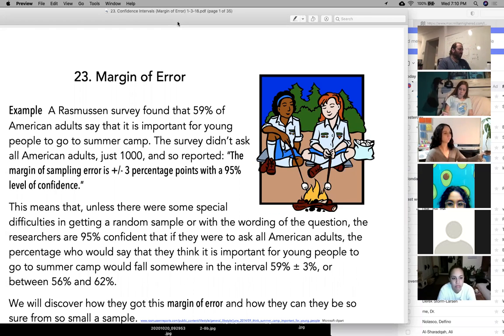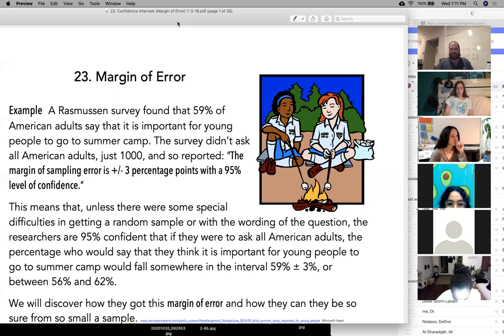So what they're suggesting is, okay, the results of our survey were 59%. But that just comes from a sample. Is it really 59%? I don't know. But I can say this. I am 95% confident that the true value is between what two numbers? Remember, the value I got is 59%, but it's plus or minus 3%.